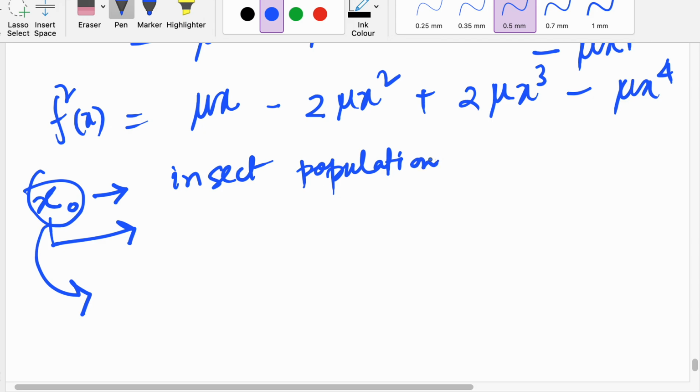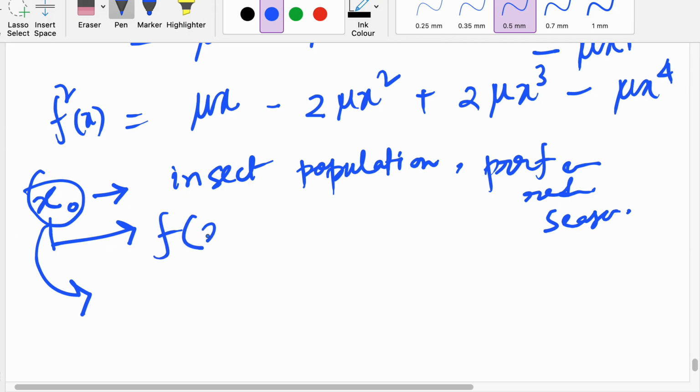And since we are representing the population size of the insect or the reproduction by a map, in principle it means that it has a preferred reproduction season. So if I consecutively wait, here the reproduction is nothing but f.